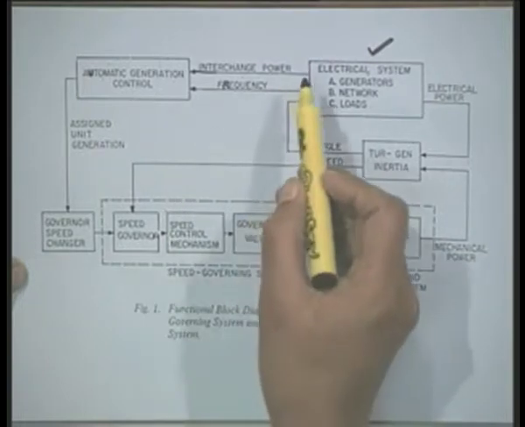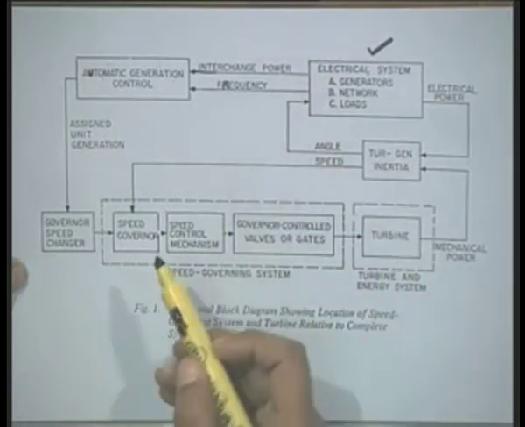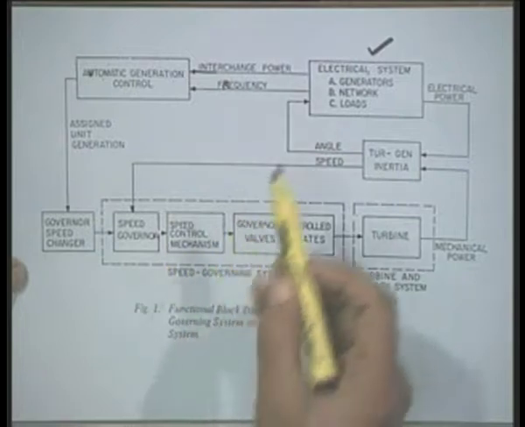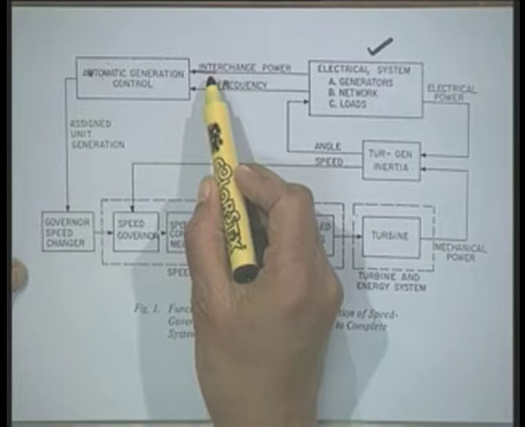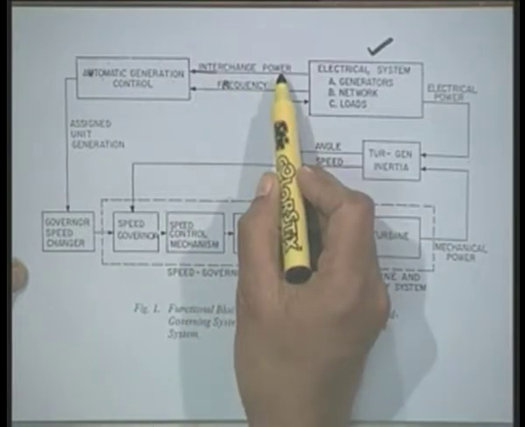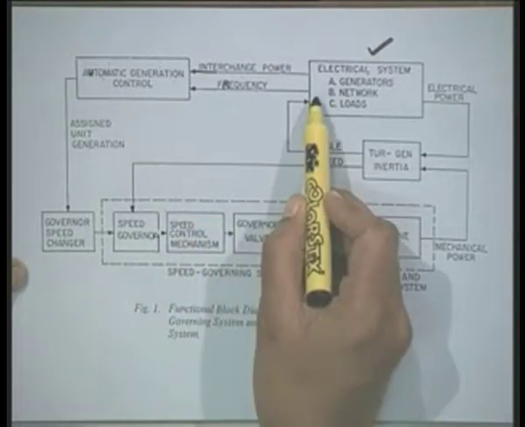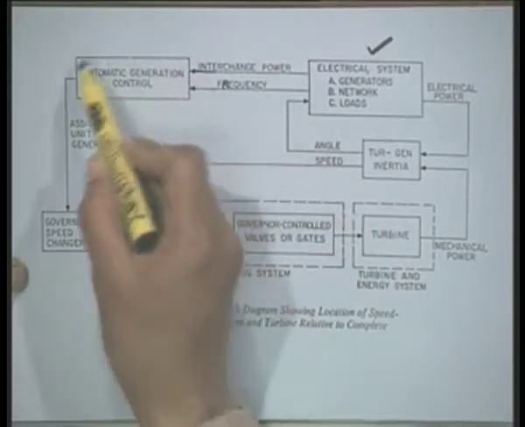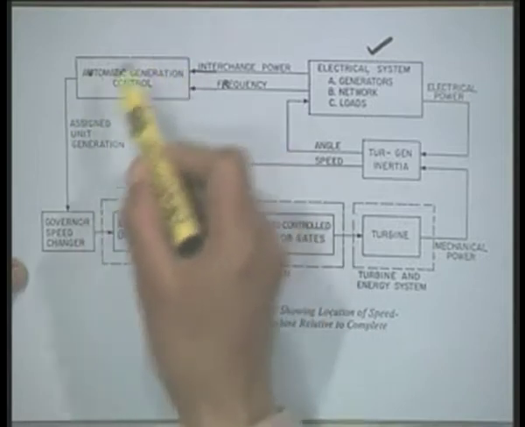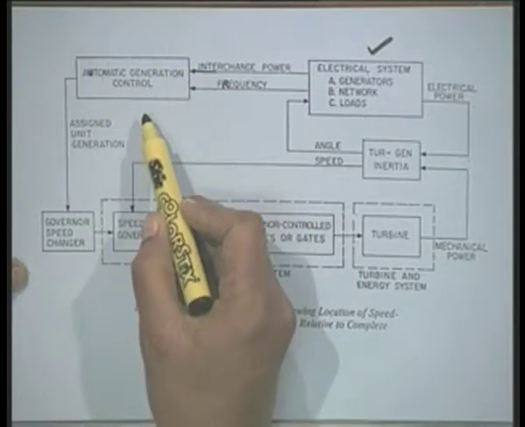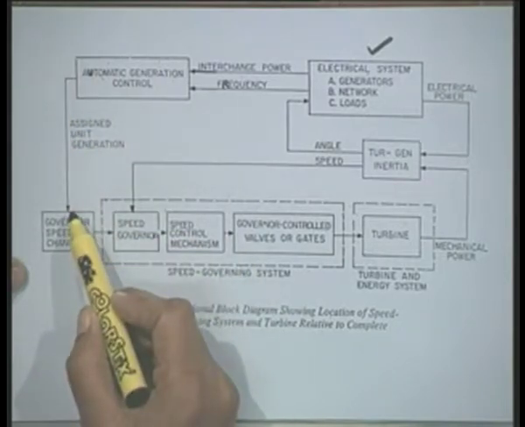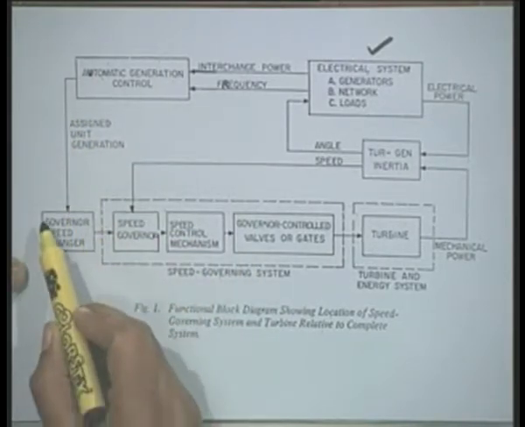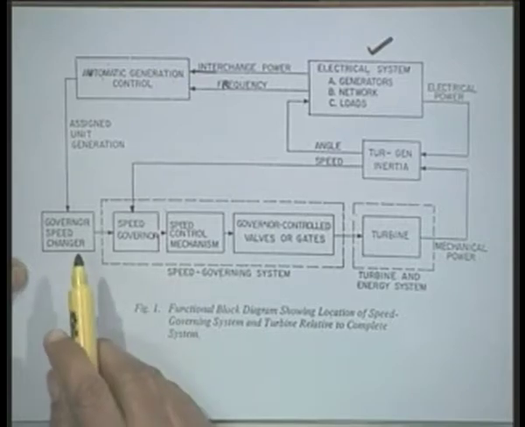Okay. Now, one control is the generation control, and for controlling generation what is done is that we sense the interchange power on various tie lines and find out the net interchange. We sense the system frequency. This is processed in a controller which is called automatic generation control, and the output signal which comes from the automatic generation control will change the position of the speed changer.